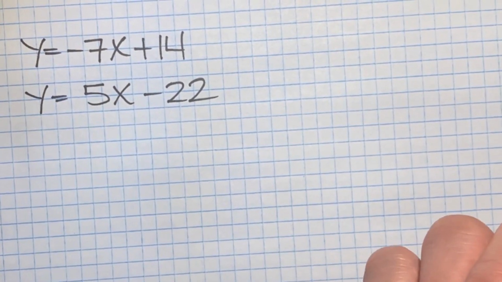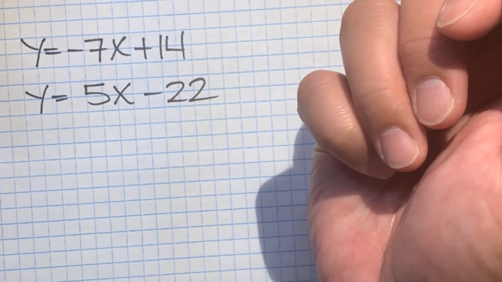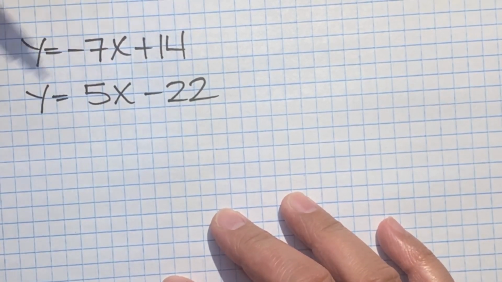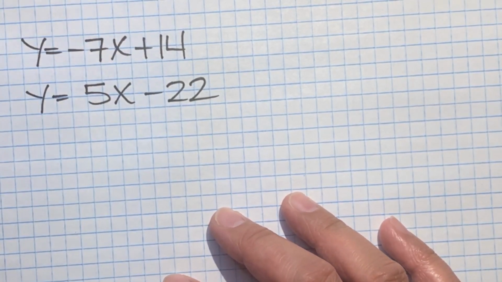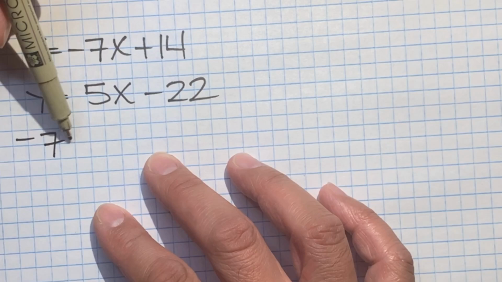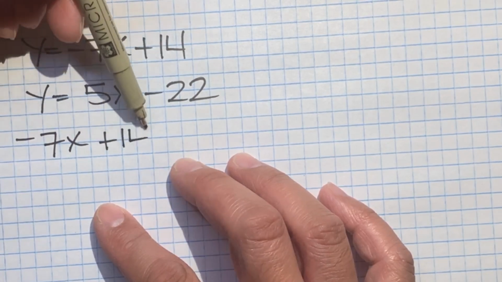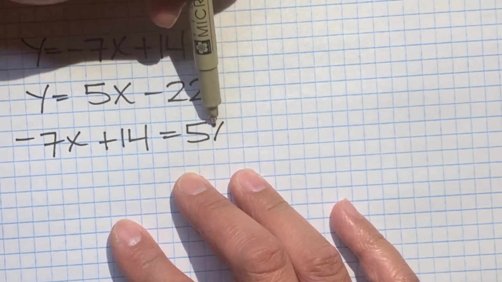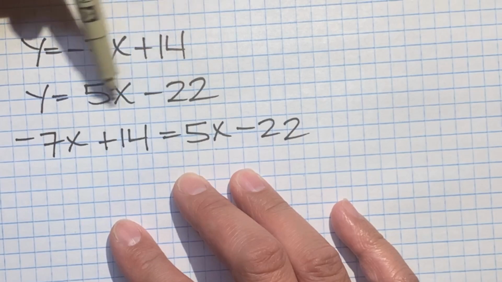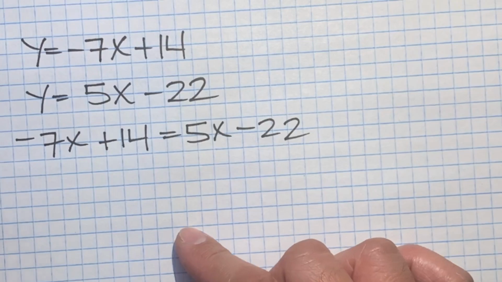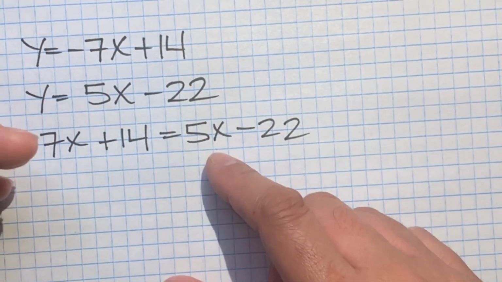So if you want to pause this and try this on your own instead of just watching me, and then press play whenever you get the answer and see if you get it correct, then do that. Or you can just follow along. So I'm going to take negative 7x plus 14 from the first equation and set it equal to 5x minus 22 from the second equation. We can do that because both equal y. Now I want to get all my variables on one side.